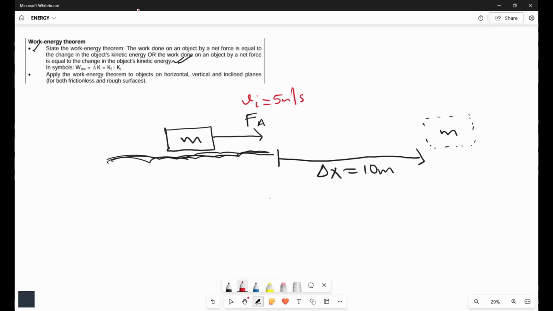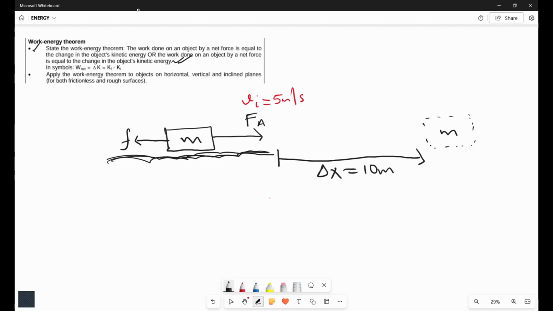Now, we know that this object is going to be moving on a rough surface, so there will be a what? A force of friction, that opposes the motion. If this velocity initially was 5 meters per second, as it goes through this rough surface, what will happen to our velocity? Our velocity will decrease.